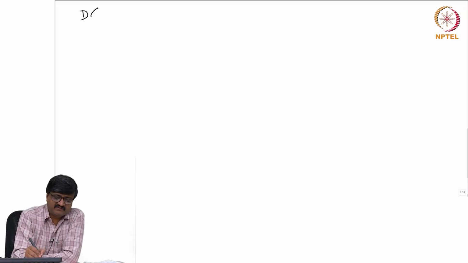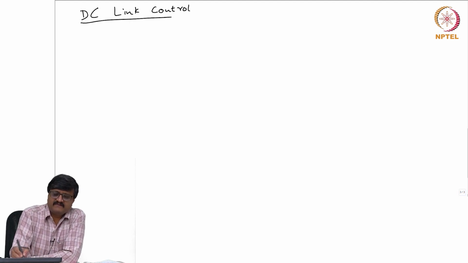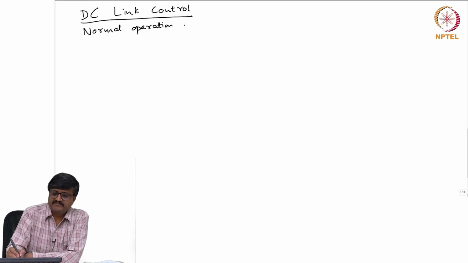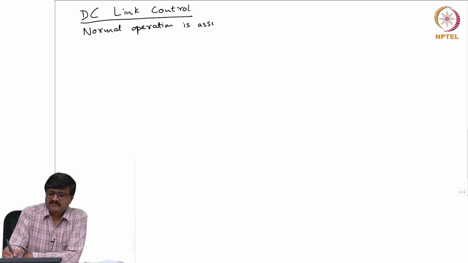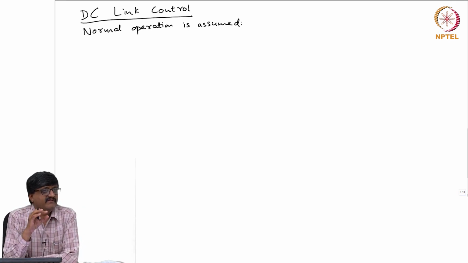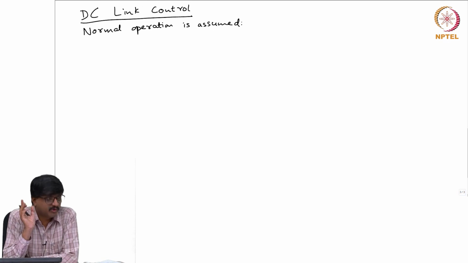So, let us look at DC link control. We will assume normal operation first of all. Normal operation means each 6 pulse converter is operating in which mode? 2 and 3 valve conduction mode.